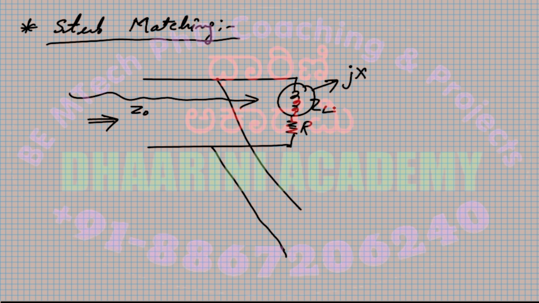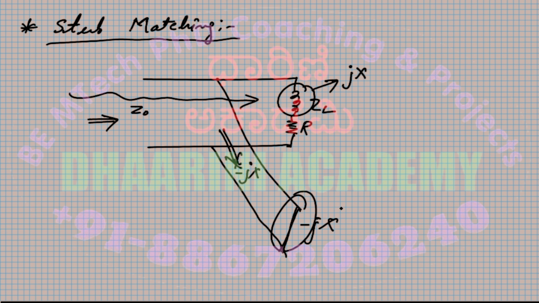Now by using a line, if it is an inductor, definitely I can go for a short circuit. I can try to create a minus jX here. When you look into this side, it should look like minus jX.